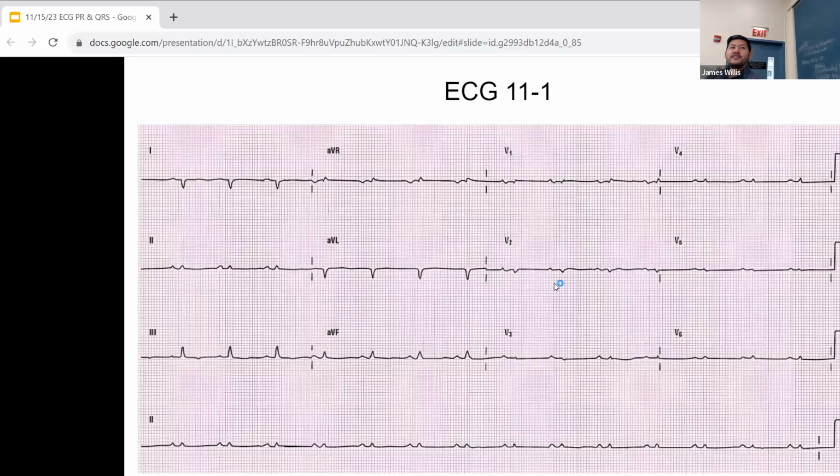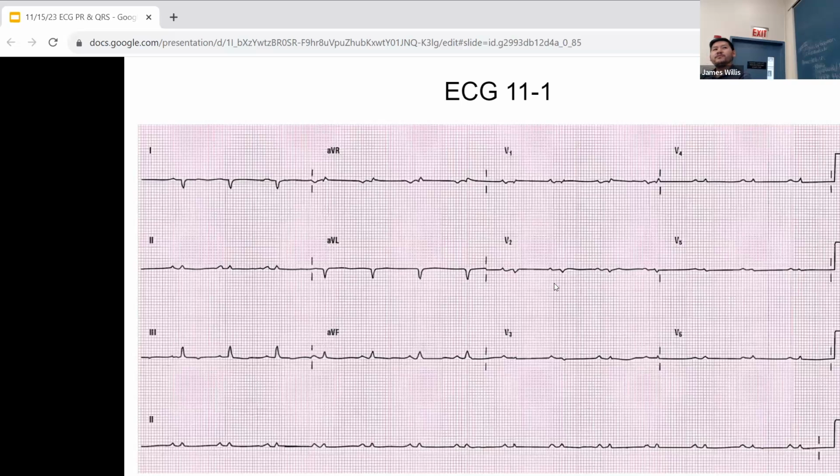So what's going on in here? Is it sinus rhythm? Looks like it, yeah.